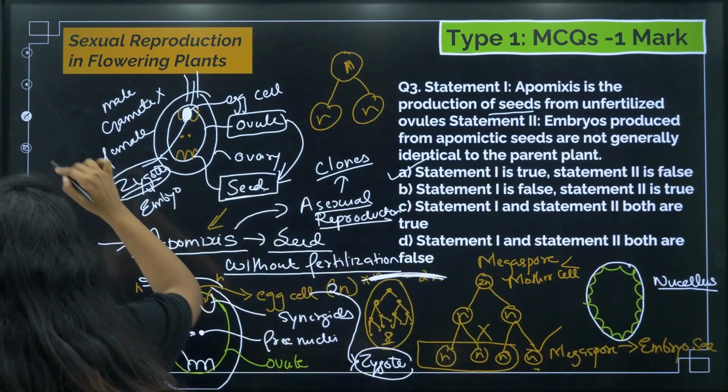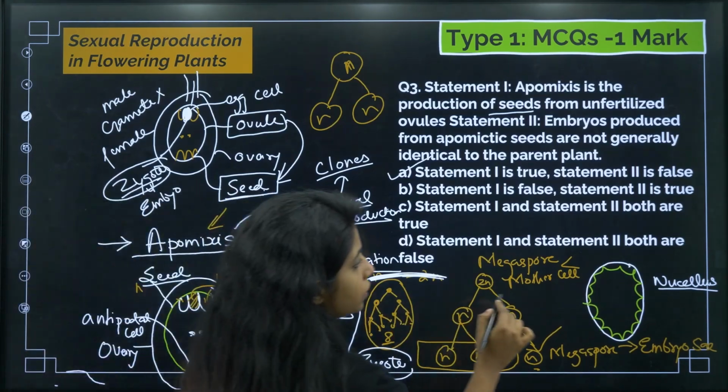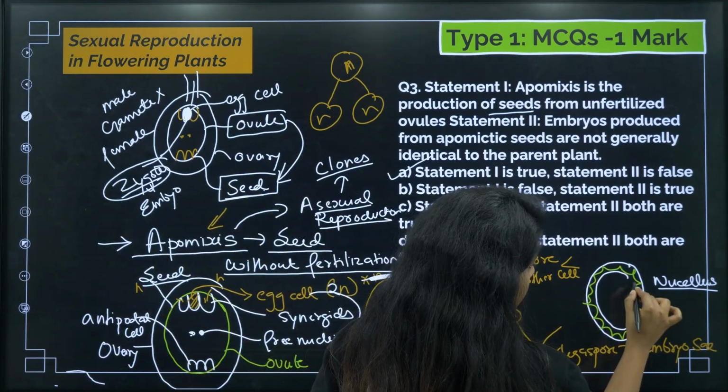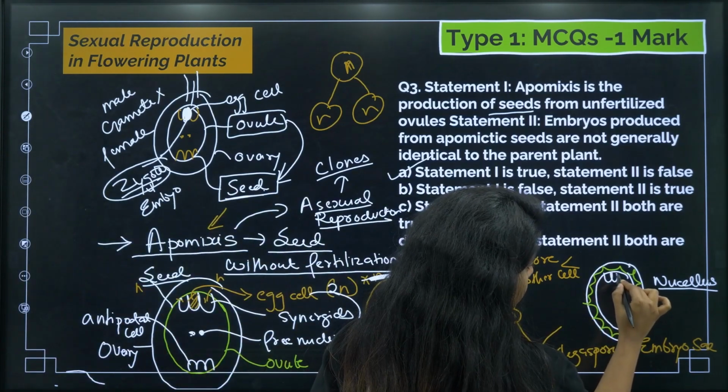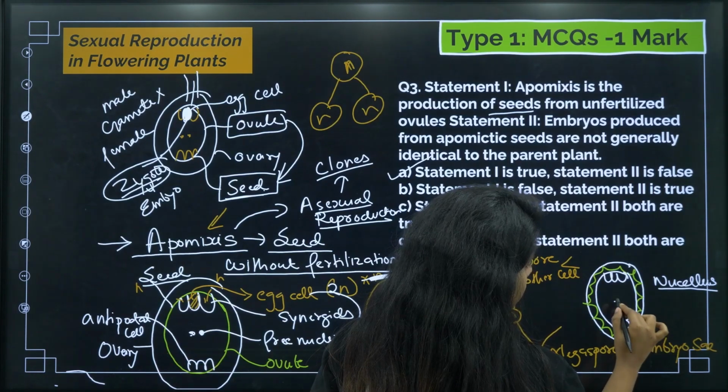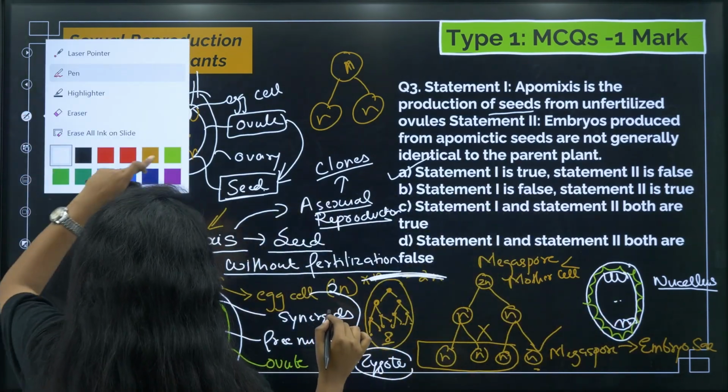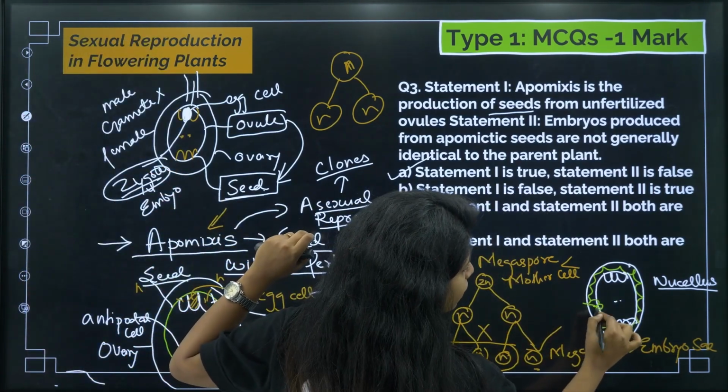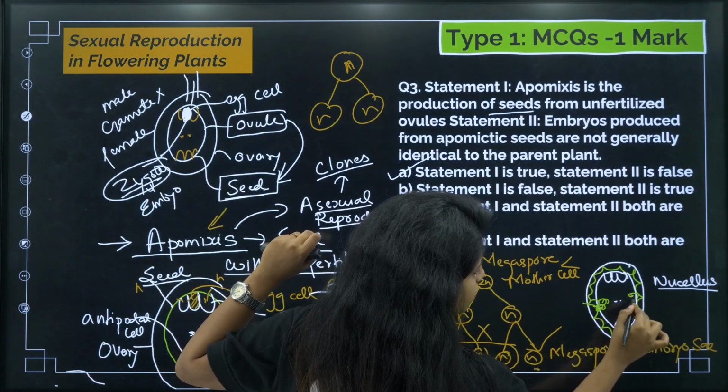Suppose this is the embryo sac that is being formed. These nucellus cells slowly divide and get inside this embryo sac.